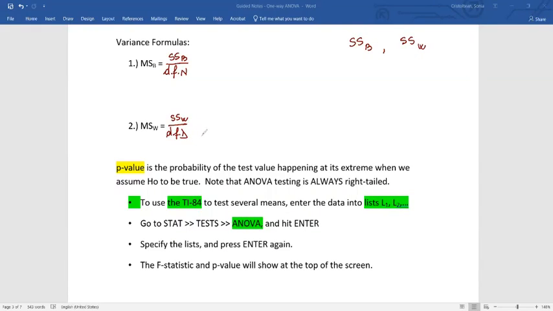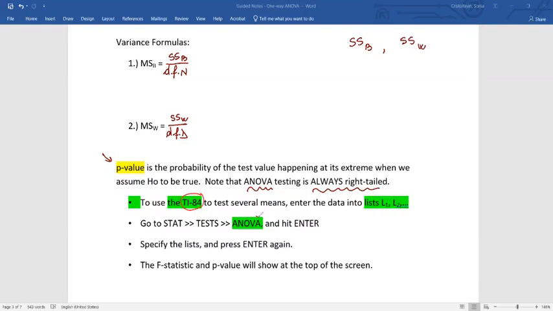But to do a test, we will be using the calculator, and we will do the test using the p-value method. We will practice with all of this in this video. So we will focus first on making sure we know that the p-value is the one we are looking at when we are trying to conclude an ANOVA test or any test. This test is always right-tailed, and it is as simple as the other tests.